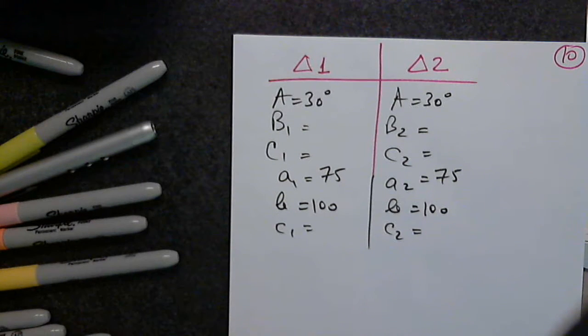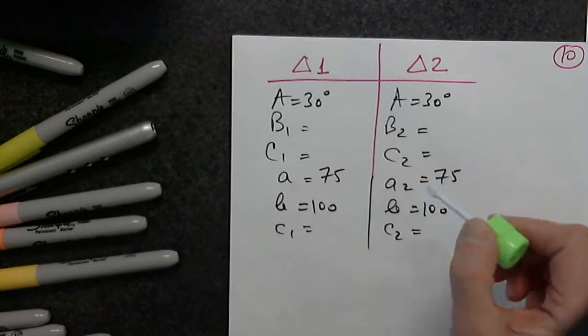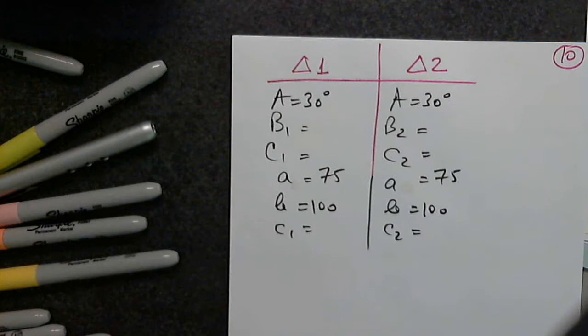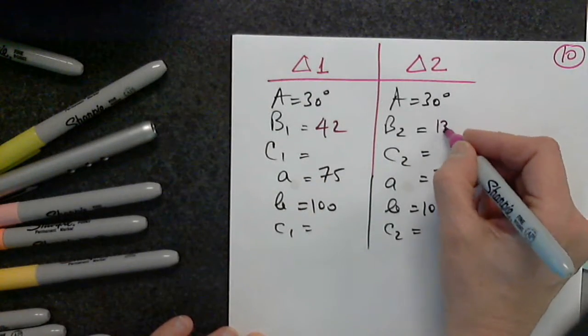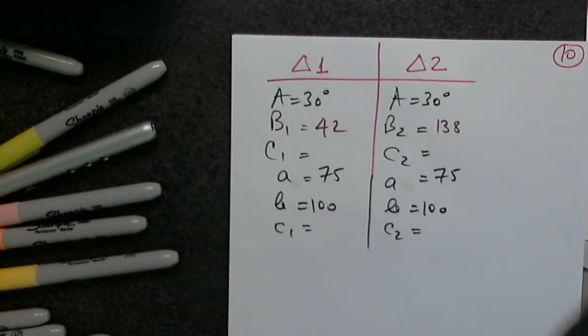Okay, good. So now I claim, without knowing yet, that there is an angle B1, which is 42, and you calculated B2 as 138. If that's the case, how much is C1 and how much is C2?